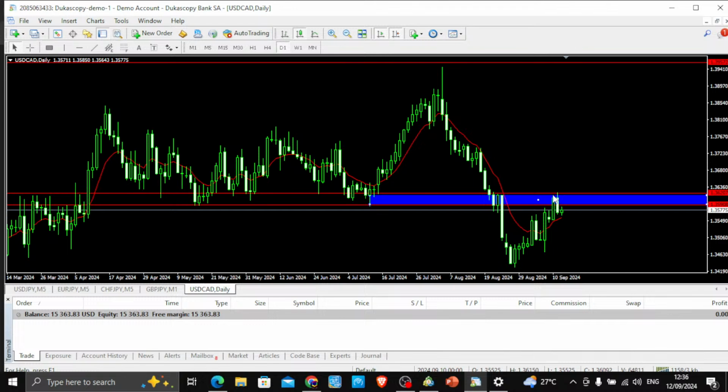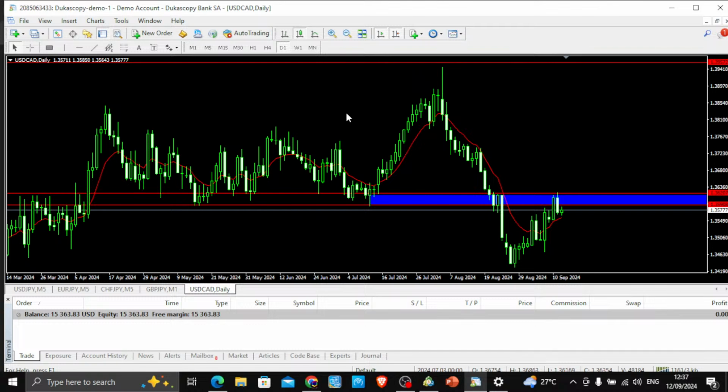This candle has little rejection, it moved up and was rejected entirely. So buying here is a big problem until here gives way.